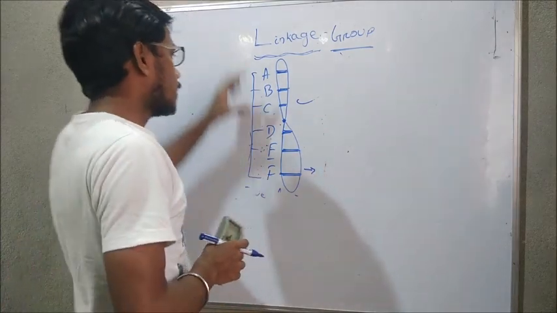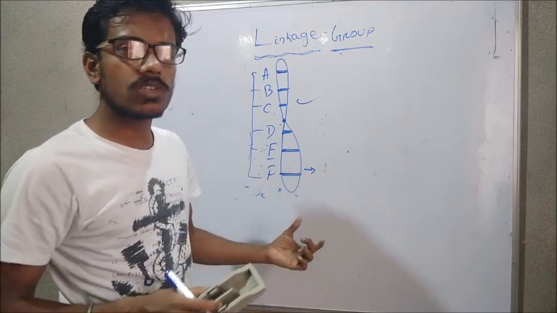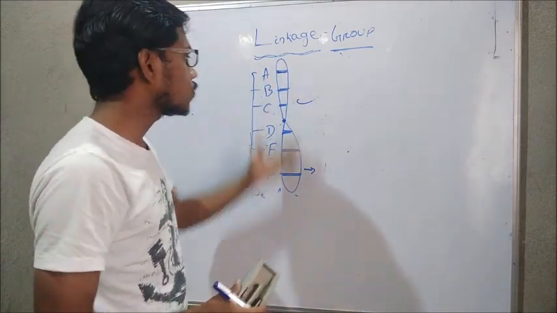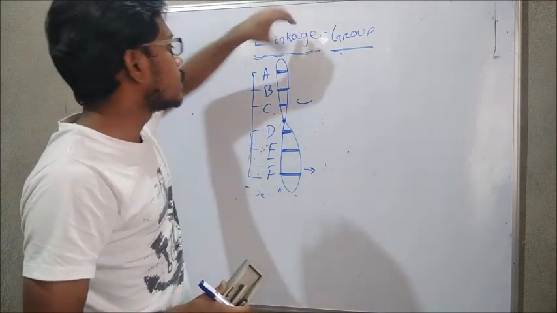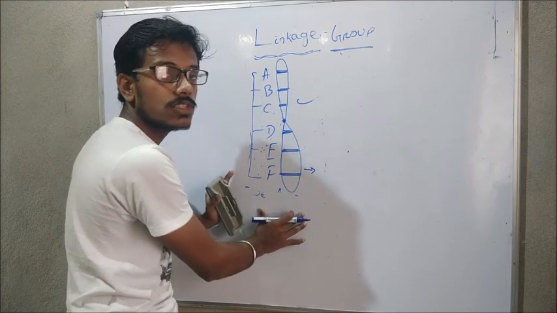When the linked genes are present over the same chromosome, here there are 6 genes in a chromosome, so these form one linkage group.